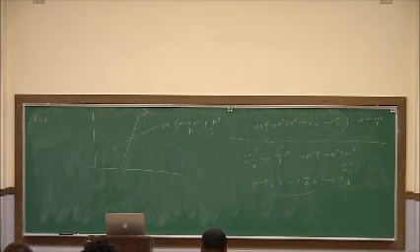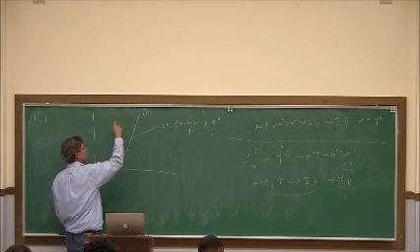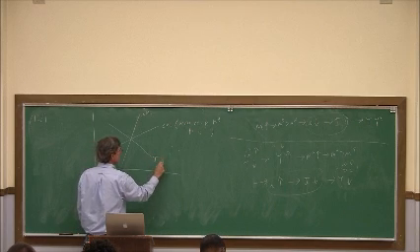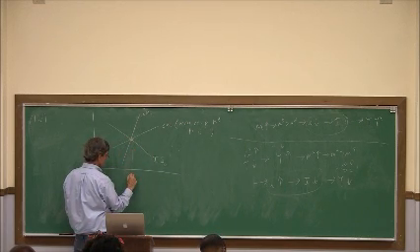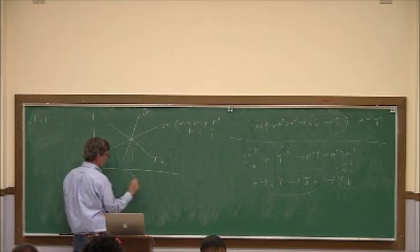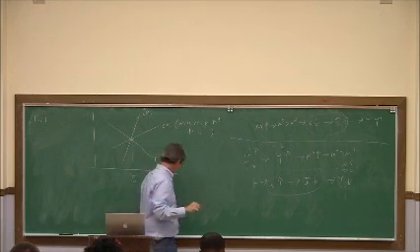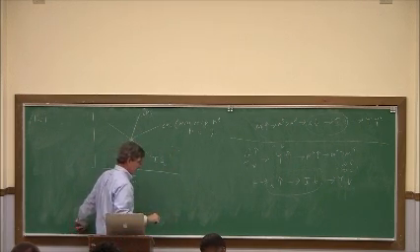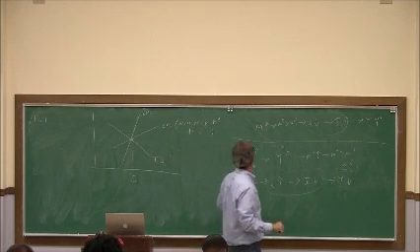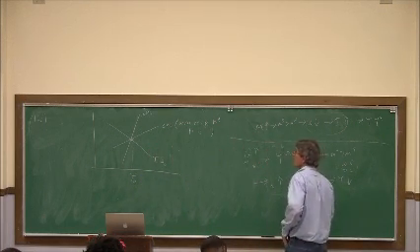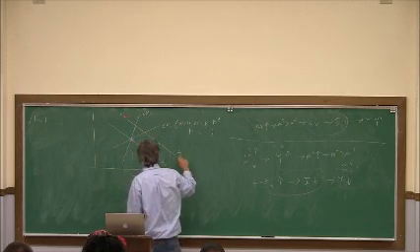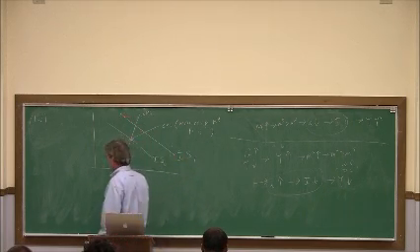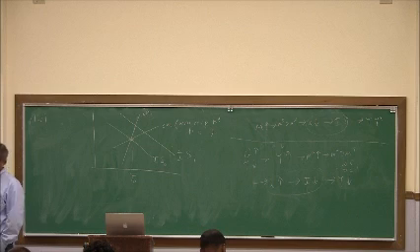Anyway, so you have an IS curve, an initial level of output. We let government spending go up or taxes go down. The IS curve shifts out.